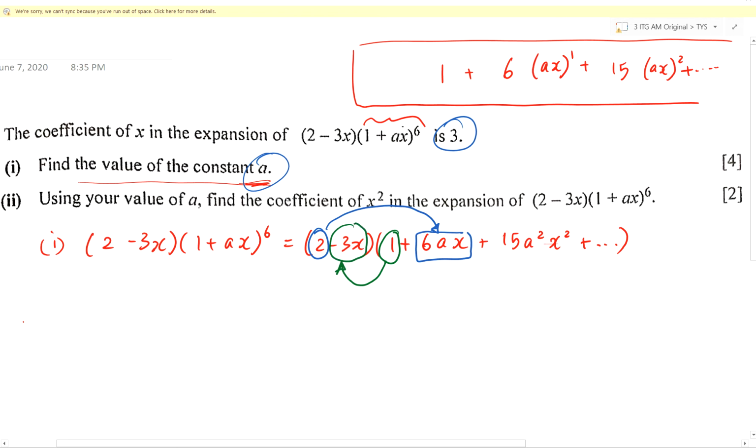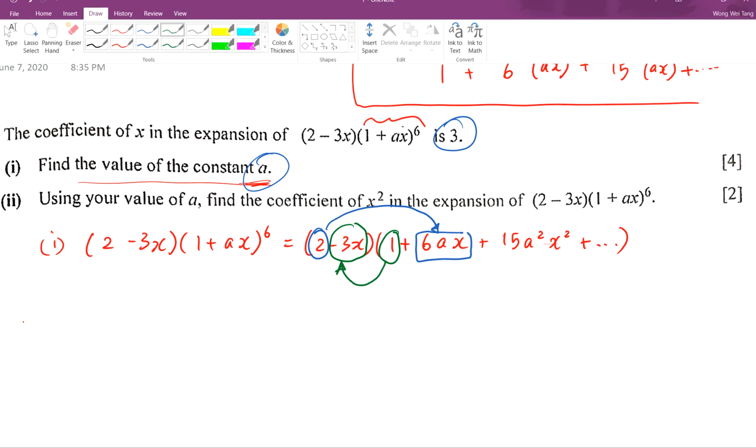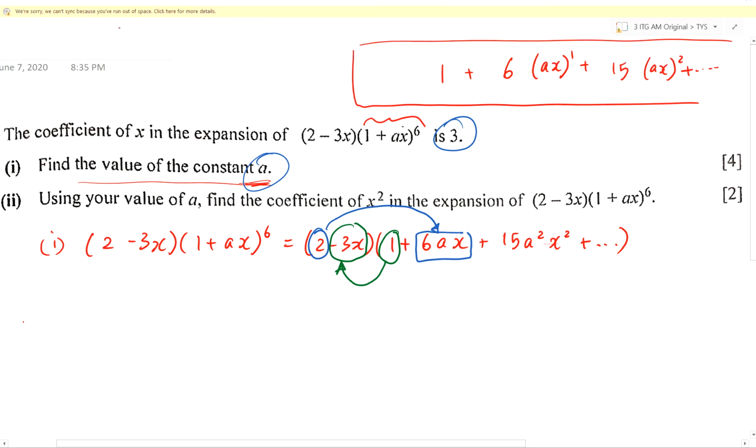So you have to visualize by yourself the rainbow if you were to expand everything out. The only way for us to get an x term over here is if we take a constant times x, and then there is another pair, constant times x. So let us write down what we expect the x term to be. The presentation can vary over here.